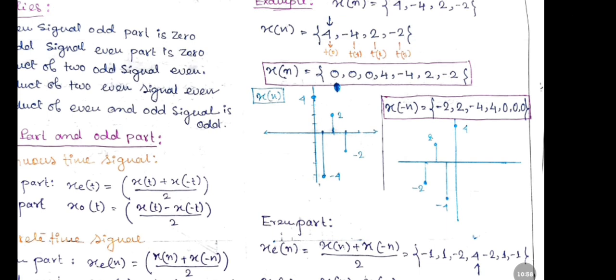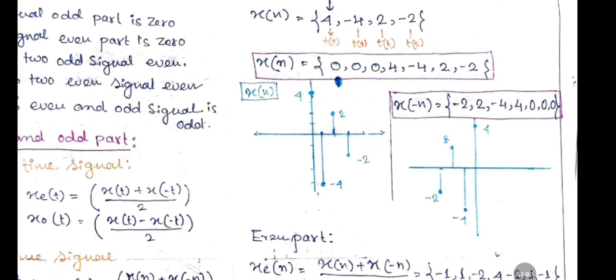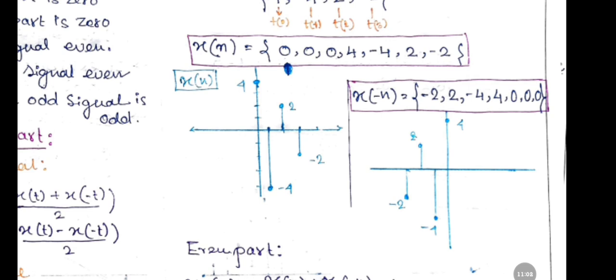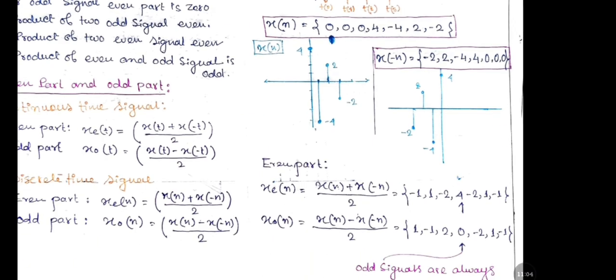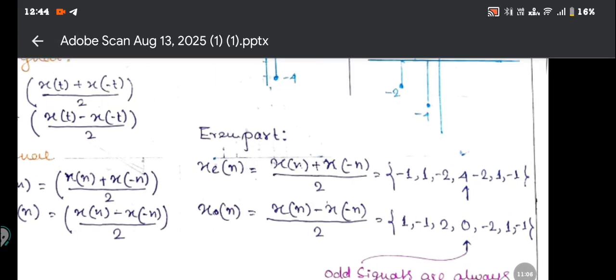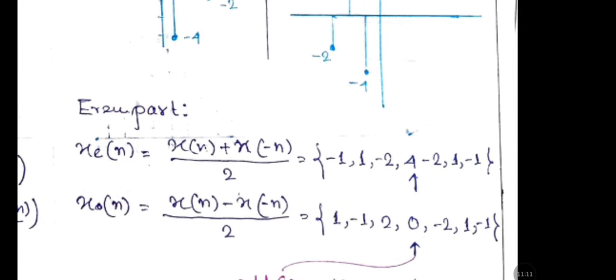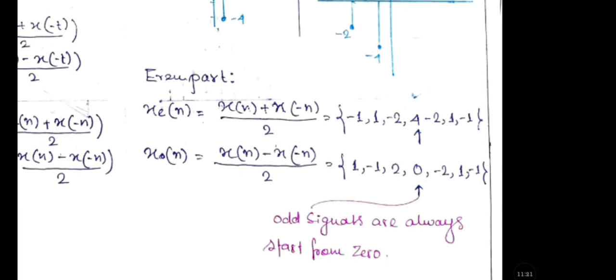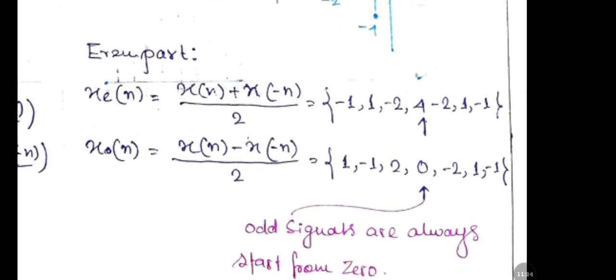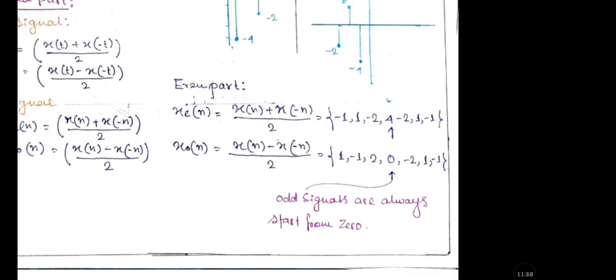You can see x[n] and x[-n]. Now calculating the even part, the arrow is at 4, and on the right side are -2, 1, -1. On the left part are -2, 1, -1. This is the mirror part. For the even part, you can see it always starts from 0. So odd signals always start from 0.